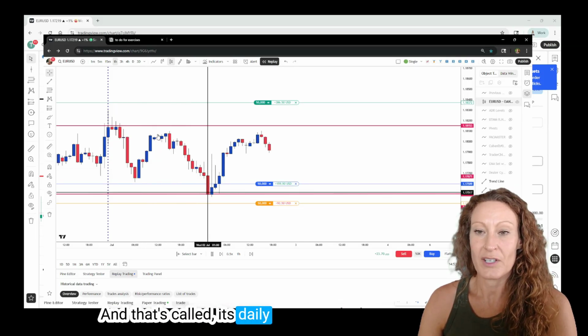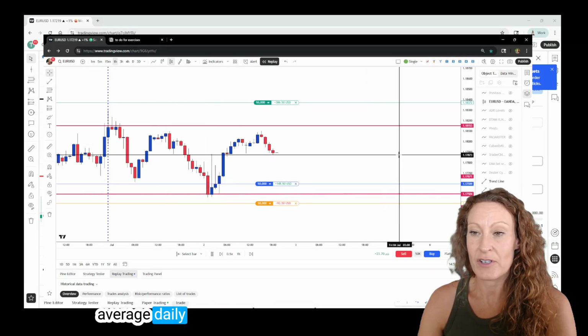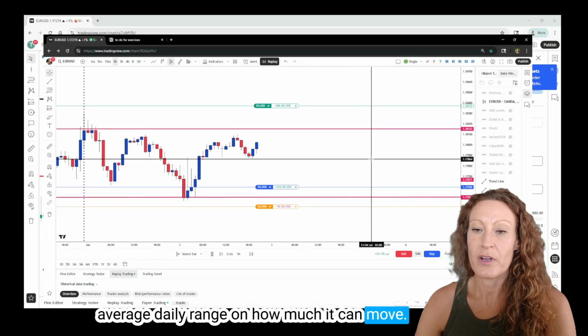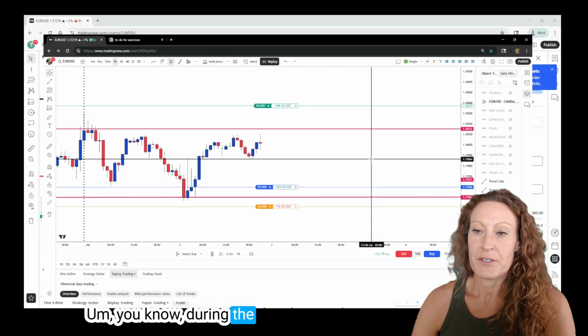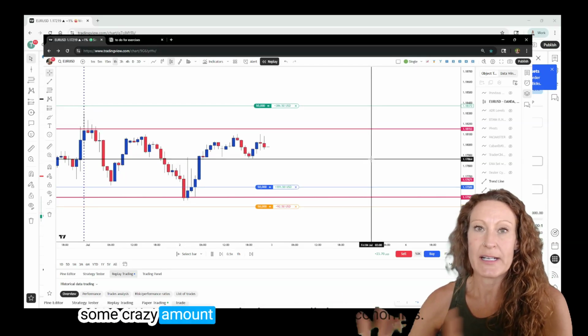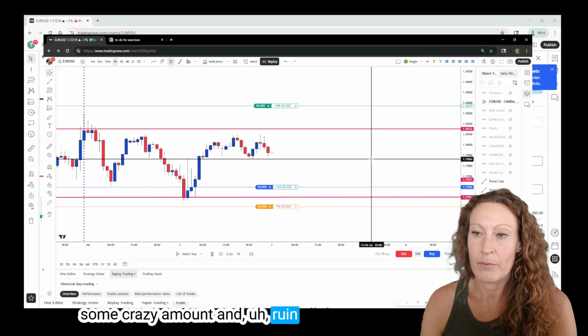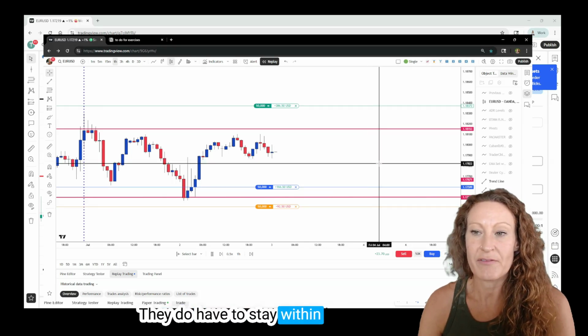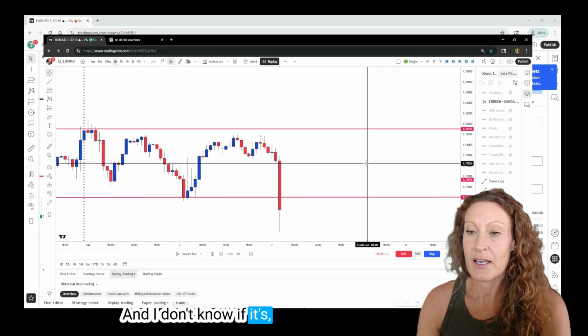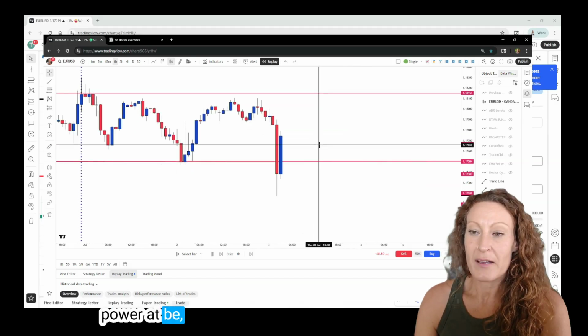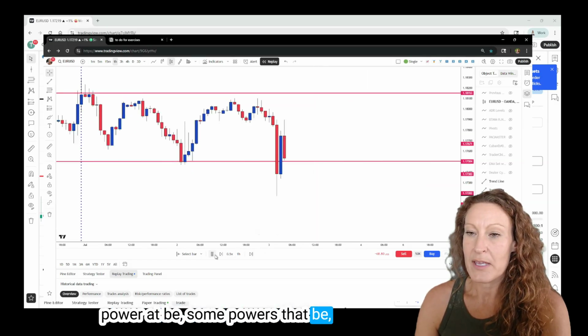And that's called its daily range. And it has an average daily range on how much it can move during the day. They can't just move some crazy amount and ruin all economies. They do have to stay within limits. And I don't know if it's some powers that be.